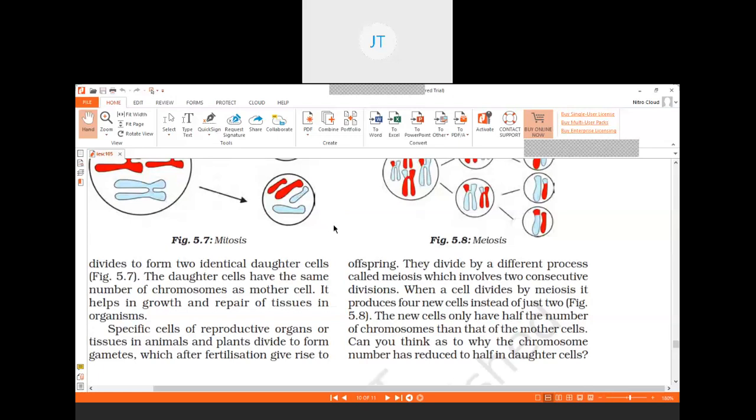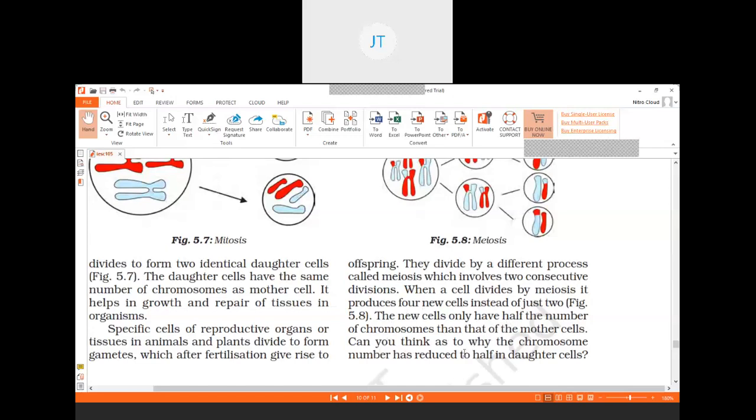If it were not reduced, then doubling would take place, and eventually the number of chromosomes would increase so much that it could not be held inside the cell. So it is necessary during fertilization or during gamete formation that the chromosome number must be reduced, and because of that it maintains our genetic amount in our cells. Okay, the new cells only have half the number of chromosomes than that of the mother cells.